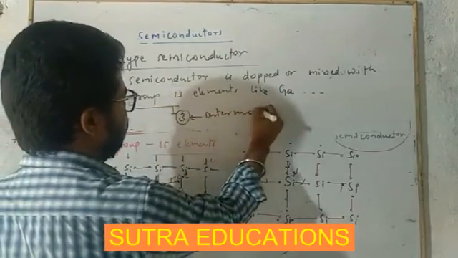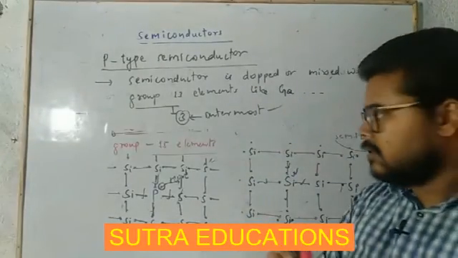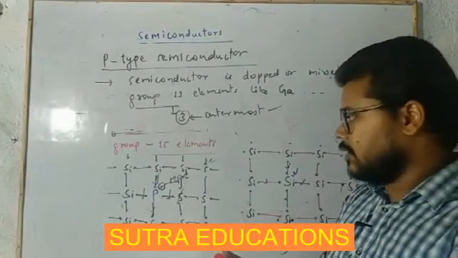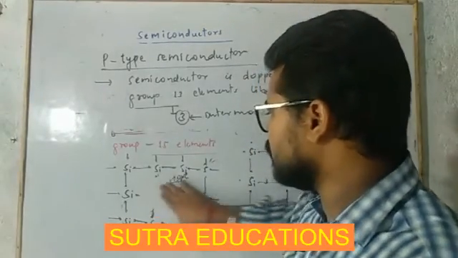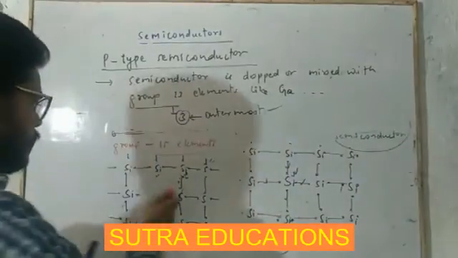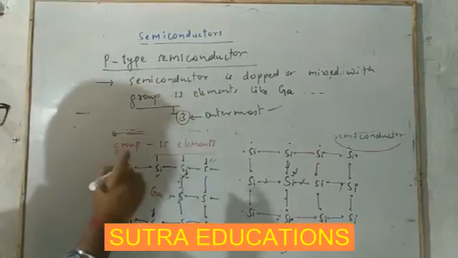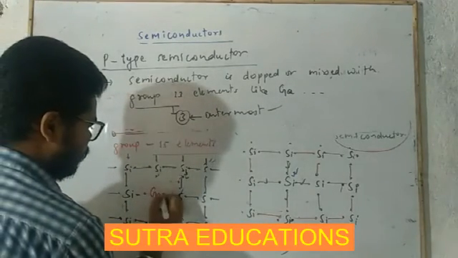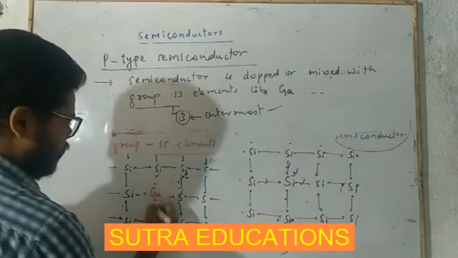So what happens this time? A group 13 element replaces a silicon atom from its lattice. Say this time it is gallium. Group 13 elements have only 3 electrons in their outermost shell.